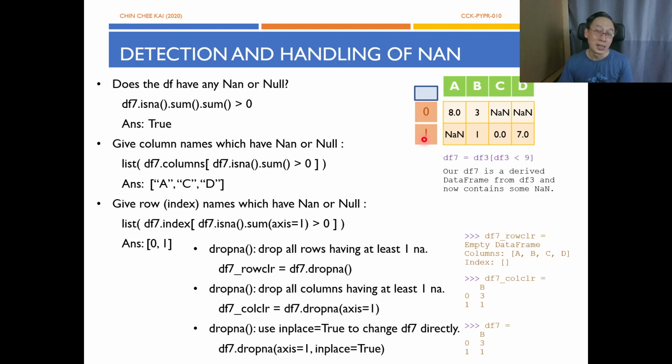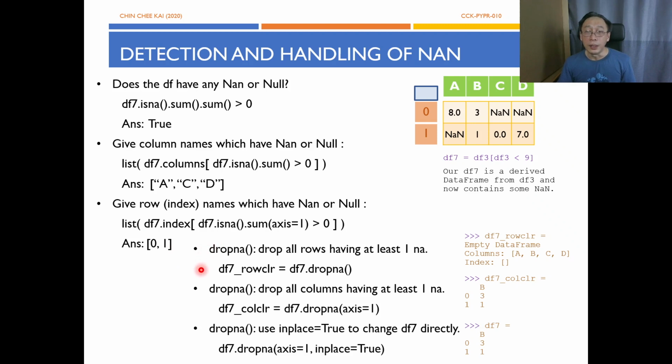Which one do I select? Turns out we select both. So it will give us a series again of 0 and 1 because we're selecting both, true, true. So when we convert it to a list, we'll get 0 and 1.